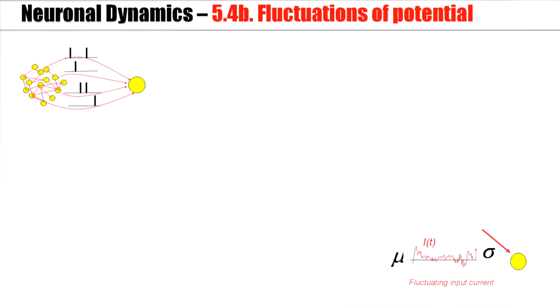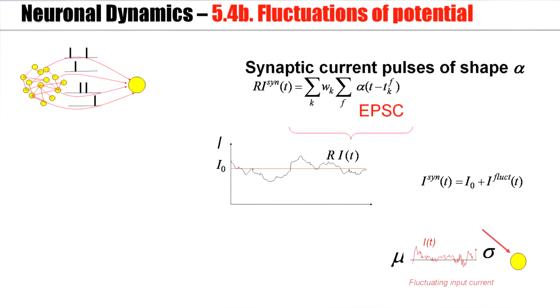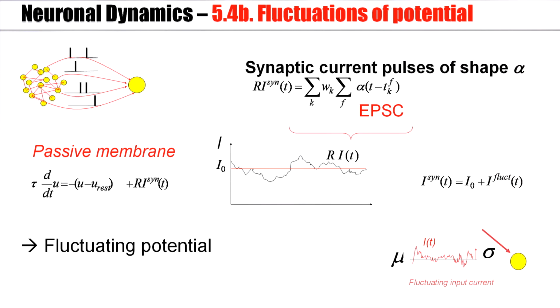We have already seen in the previous part that synaptic current pulses caused by stochastic spike arrival add up and give rise to some current, which can be described as a mean plus a fluctuating part. Now this current is injected into the differential equation of a passive membrane and gives rise to a fluctuating potential.